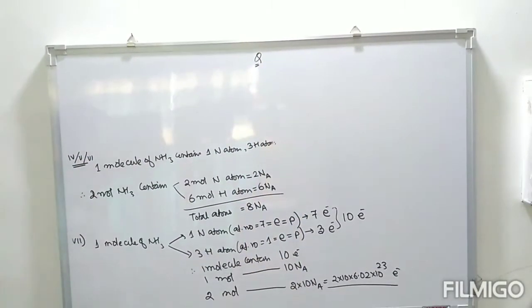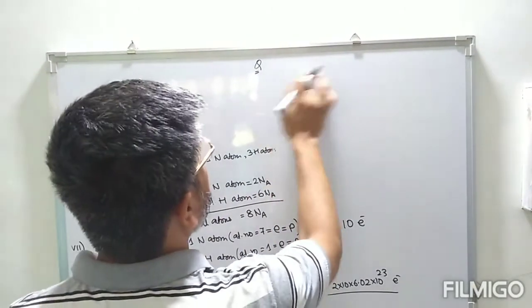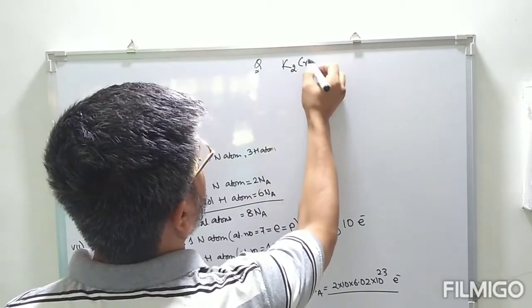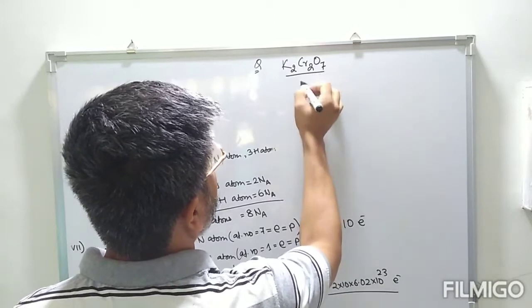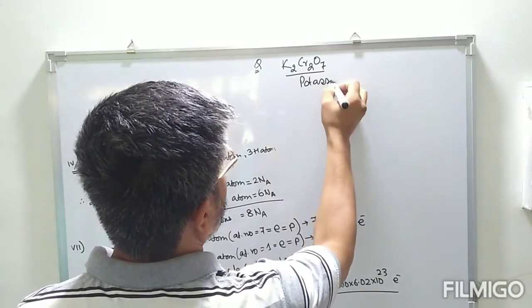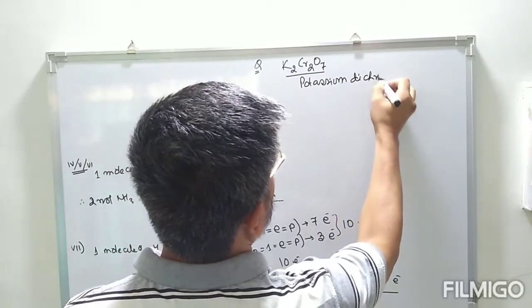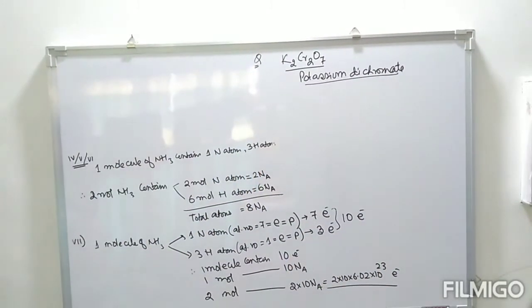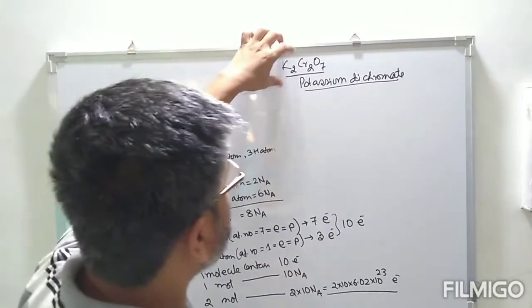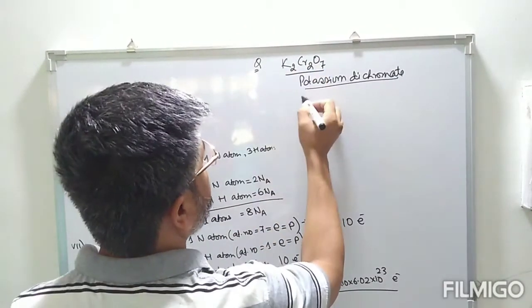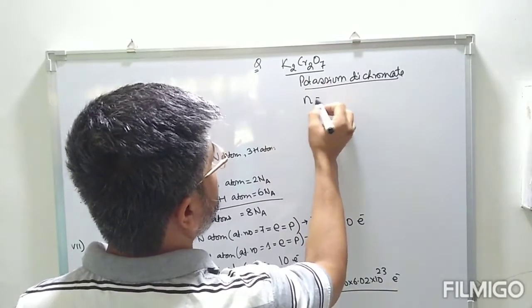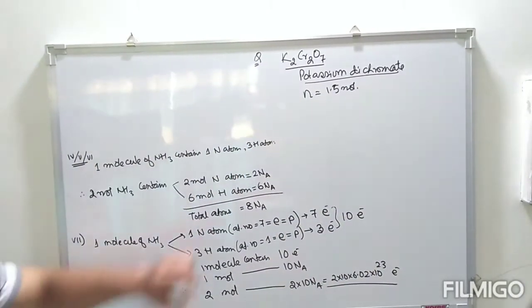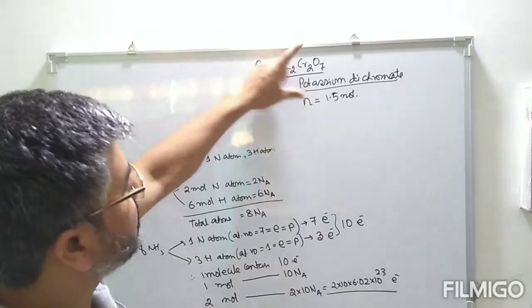Suppose the question says K2Cr2O7, potassium dichromate, is a compound, and its quantity is given as 1.5 moles.